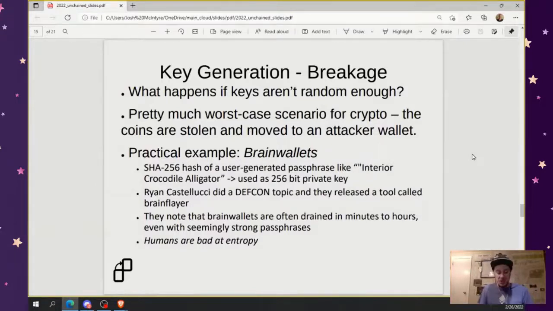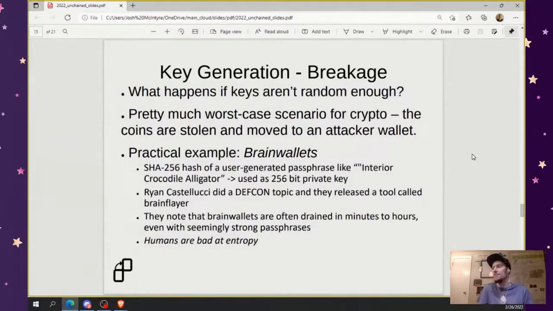So not using a secure function to generate 256 or 128 bits, but rather coming up with a password, say, desk, microphone, phone, laptop, hashing that through SHA-256, which will give you a 256-bit number, and using that as the 256-bit private key.